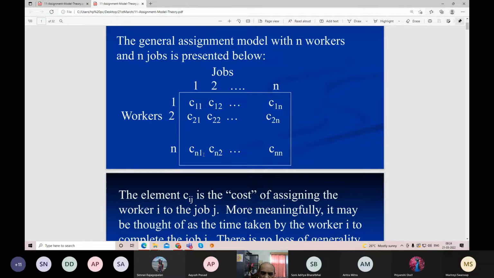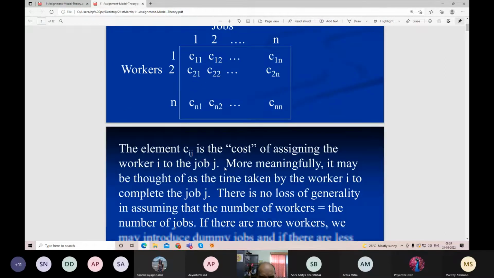However, the cost will change. It will be reduced by amount c, because you are subtracting the constant c. This we will sketch and prove. Okay, now I'm coming to the next case.